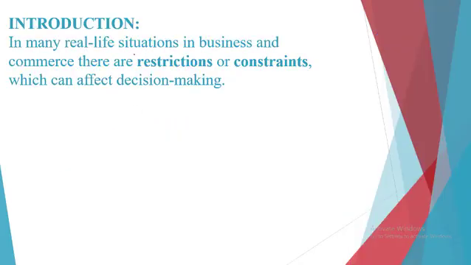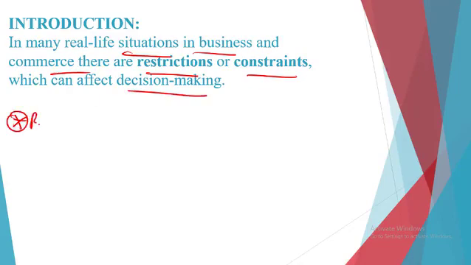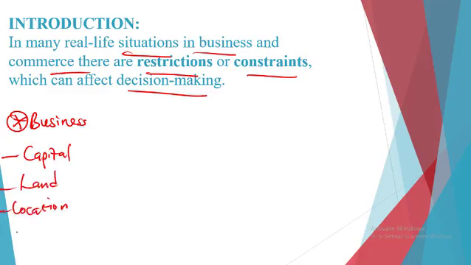In real life situations, in business and commerce, there are restrictions or constraints which can affect decision making. Someone who wants to start up a business has to consider certain things before he starts up. That may include capital, land, location, and so on.